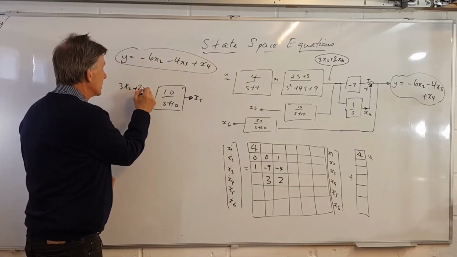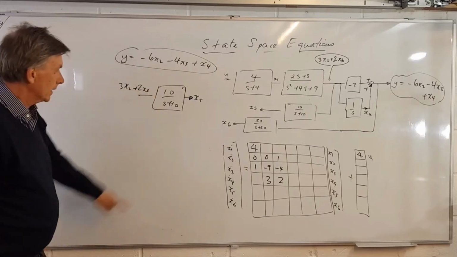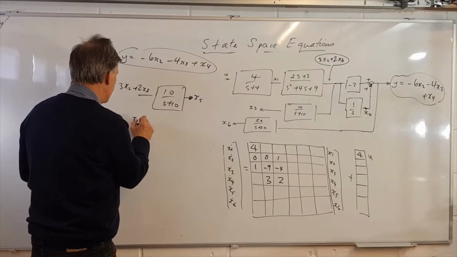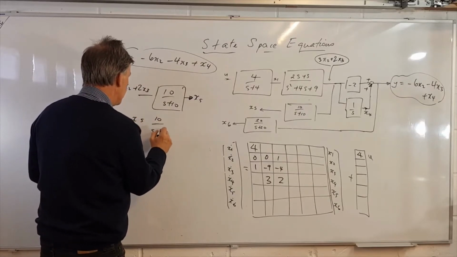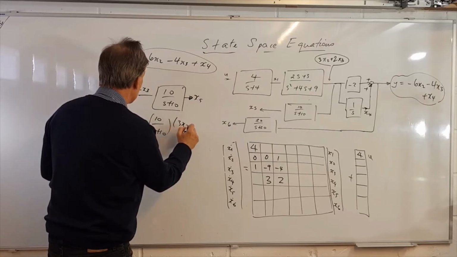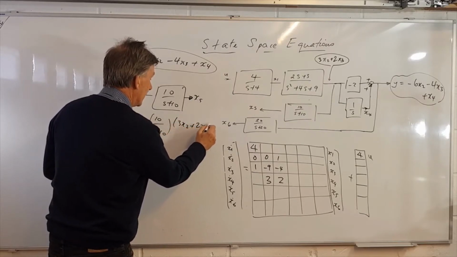So x5 equals 10 over s plus 10 into 3x2 plus 2x3.